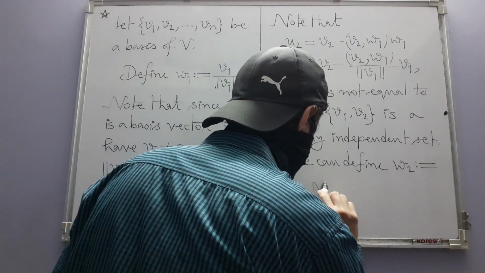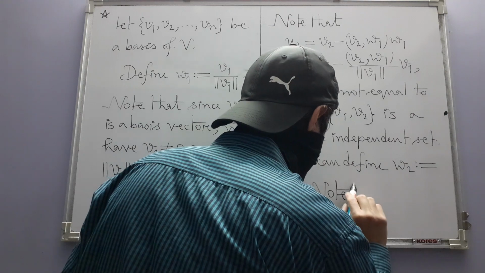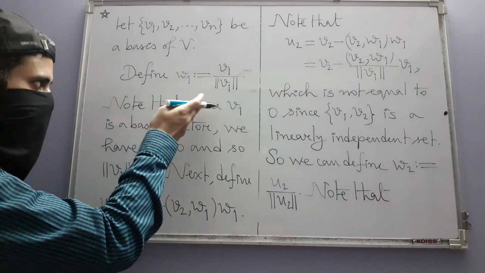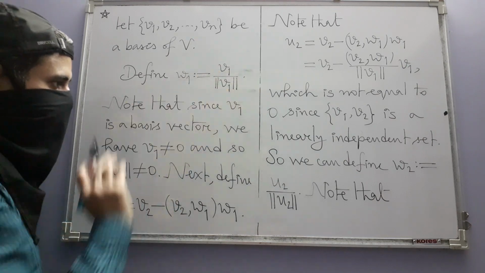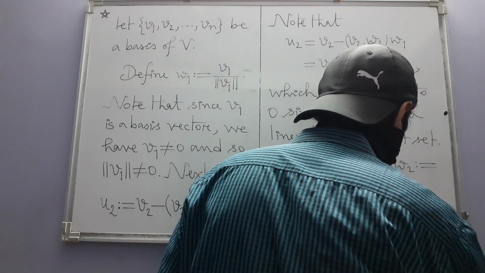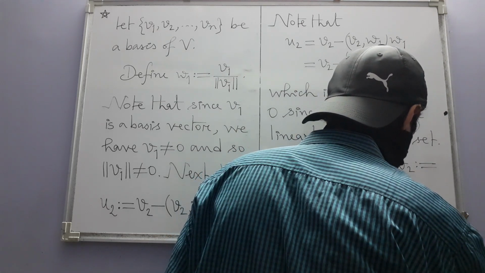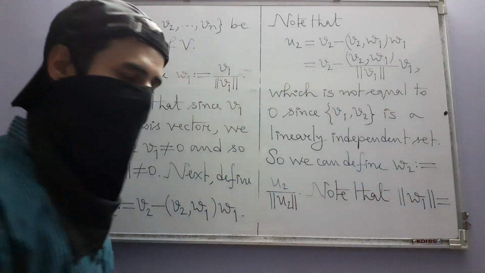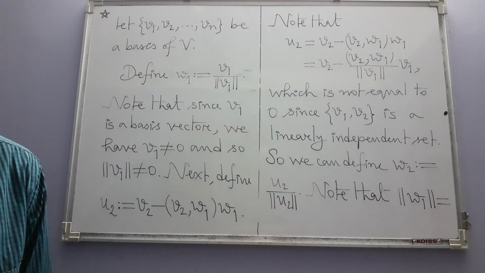Note that. So the fact that W1 has length 1 is what I wanted to say there, that I should have written there itself, but we can do it now also. Okay, so to find its length, we just find its norm or length.